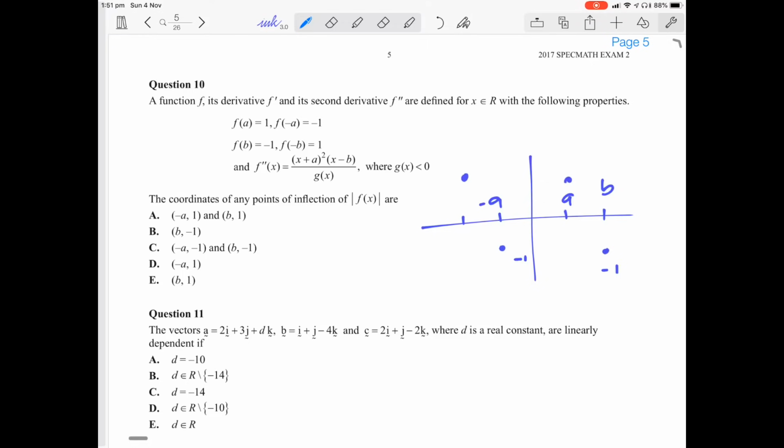Okay. (x plus a) squared, (x minus b) times something, f double dash of x equals that. The coordinates of any points of inflection. So the second derivative equals 0.